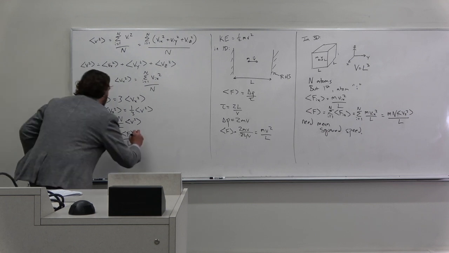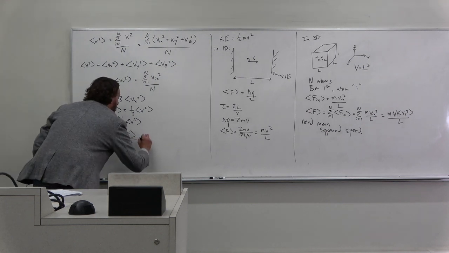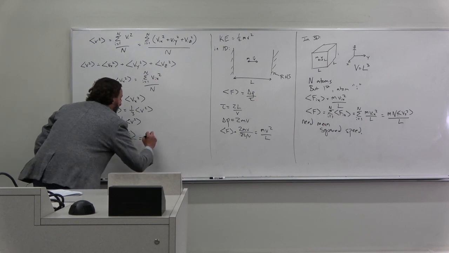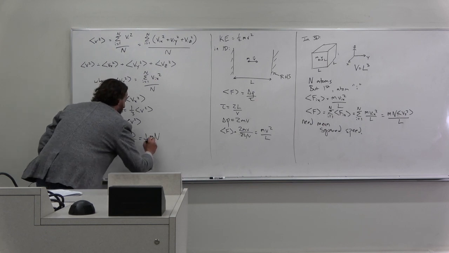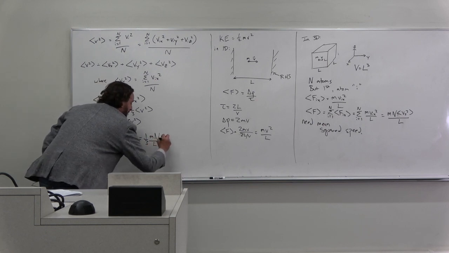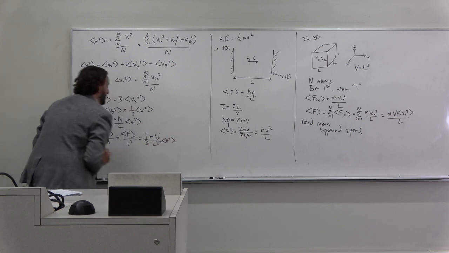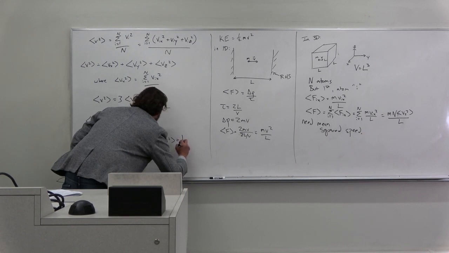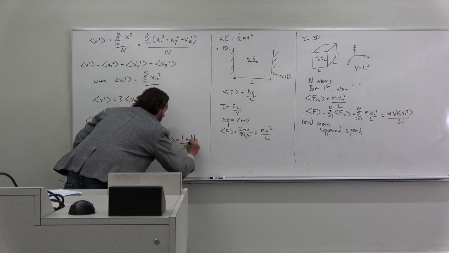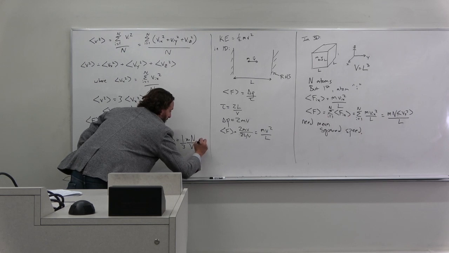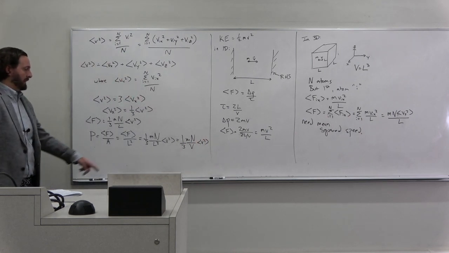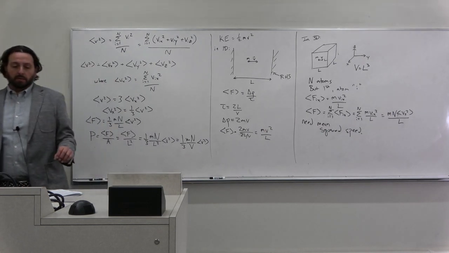So we're simply going to have 1/3 m n over L cubed v squared, which is 1/3 m n over V v squared. This V is our volume. I just replaced L cubed with the volume.